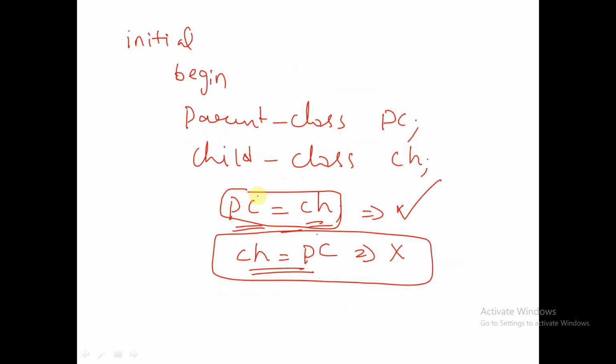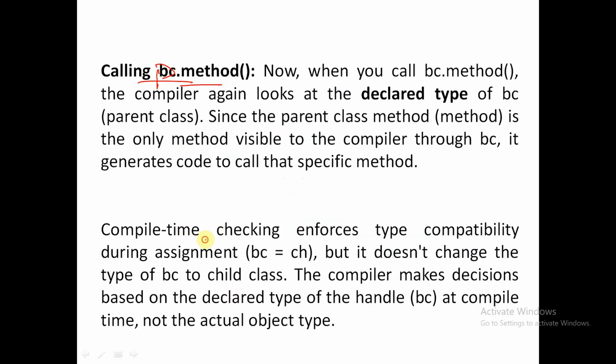But it is not happening, because compile time checking enforces type compatibility. During the assignment PC is equal to ch, it doesn't change the type of PC to child class. The compiler makes decisions based on the declared type of the handle at compile time, not the actual object type.